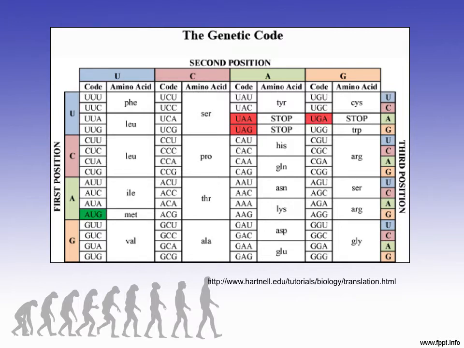For example, if we look at this table and look at glycine, in the lower right corner, G-L-Y, the amino acid Gly is coded for by GGU, GGC, GGA, and GGG. So it's redundant.